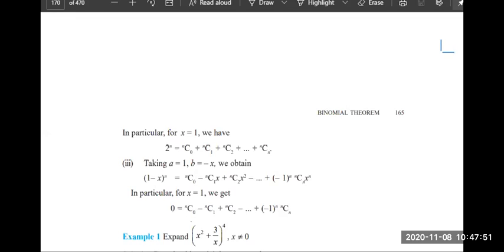Done, everyone? Tell me. Step by step, just put the value x square in place of a and 3 by x in place of b. That's it. That's what you have to do.